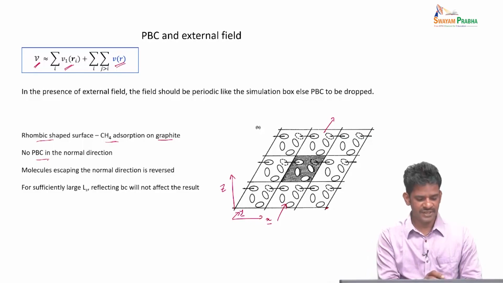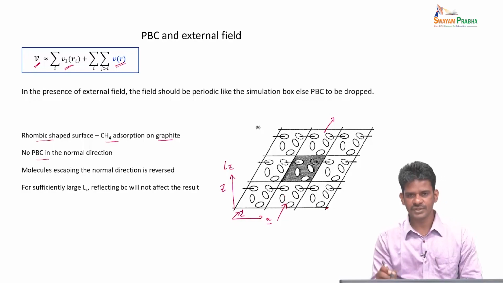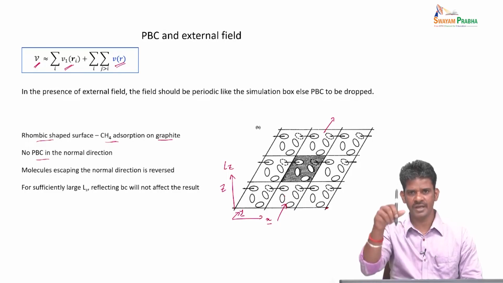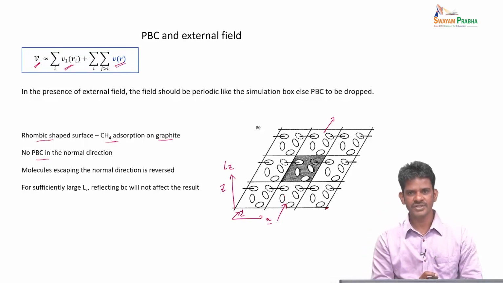In this particular simulation, what they did is that beyond a certain distance Lz, when the molecule tries to go away, the molecule's velocity was actually reversed. So when the atom was trying to move away, the velocity is switched so that it comes back down. So this is an artificially induced wall effect, because it's not happening in reality.